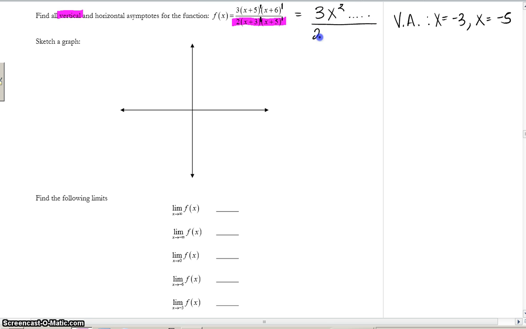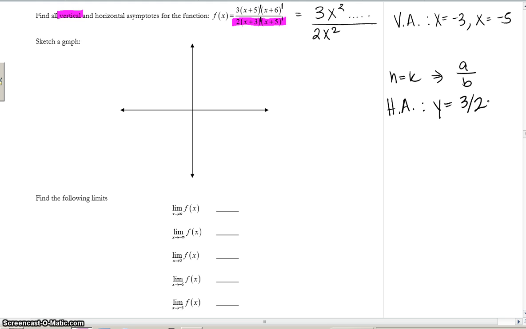Then on the bottom we have a 2x squared. Because our two exponents are the same, when n and k are the same, our horizontal asymptote is the ratio of the coefficients. So our horizontal asymptote is going to be y equals 3/2.